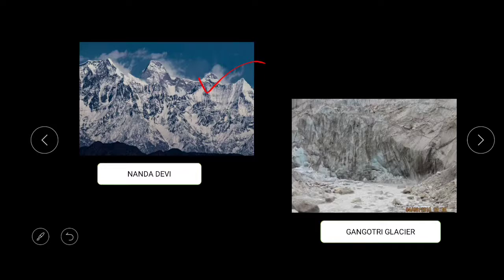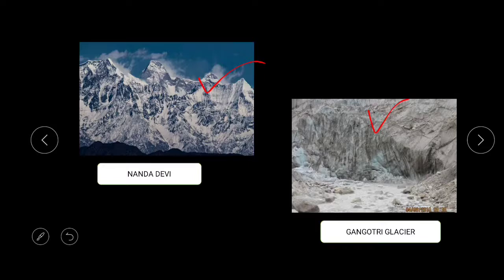Next we have Bhagirathi. This Bhagirathi finds its origin in the Himalayan glacier called Gangotri. The Gangotri Glacier is the one which provides water to Bhagirathi.